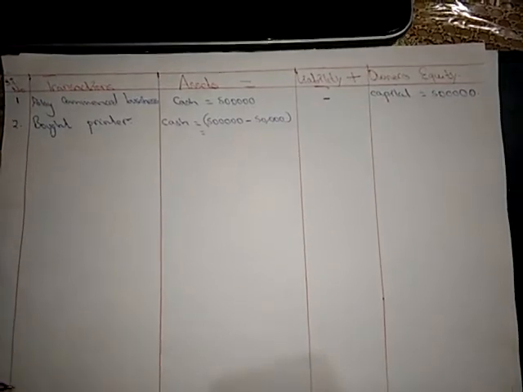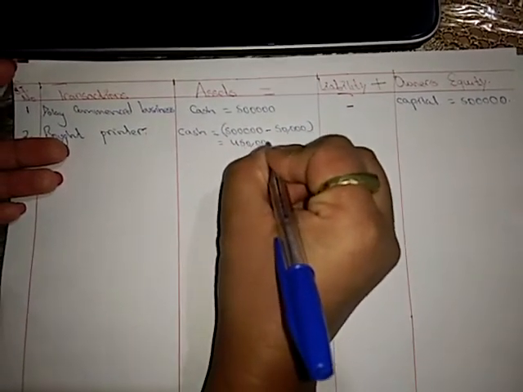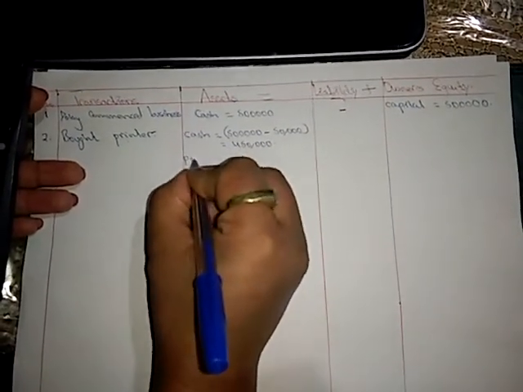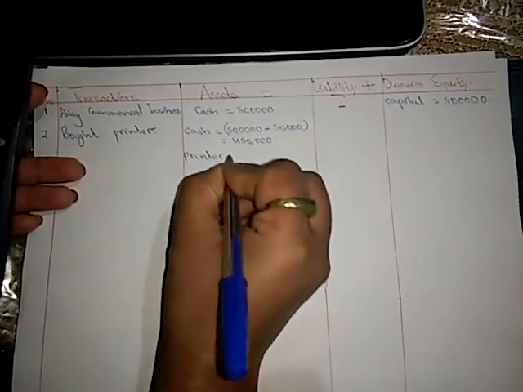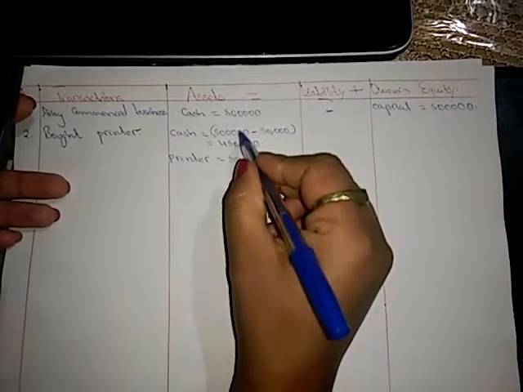So how will you calculate? 5 lakhs minus the cost of the printer, 50,000. So now your cash will become only 4 lakhs 50,000. But in addition, you get another asset, that is the printer worth 50,000. You add this.